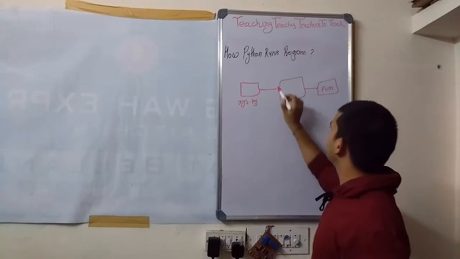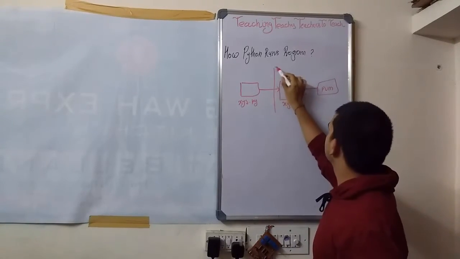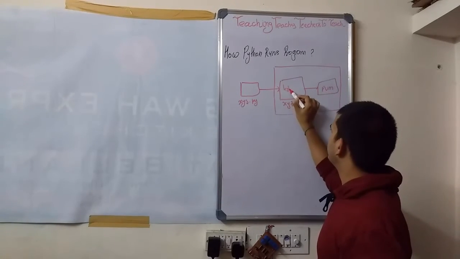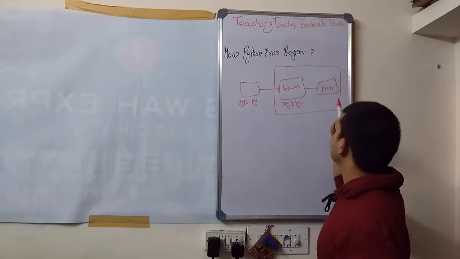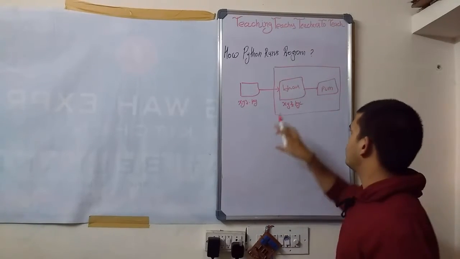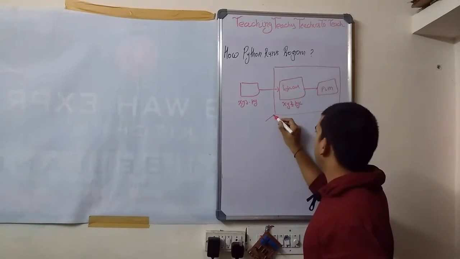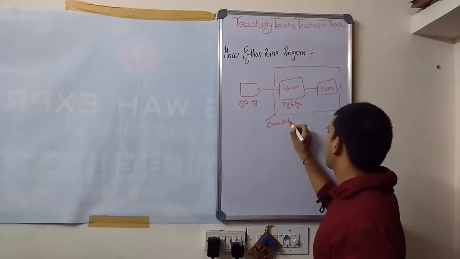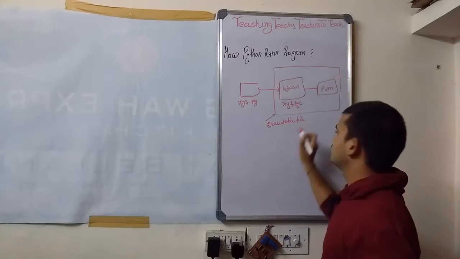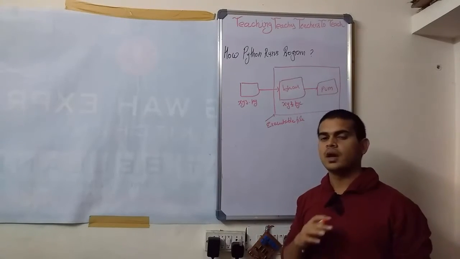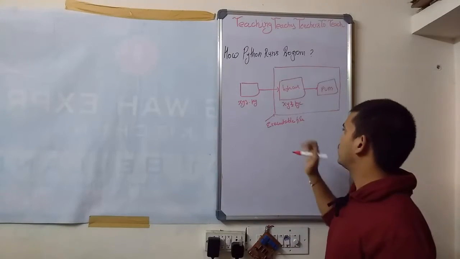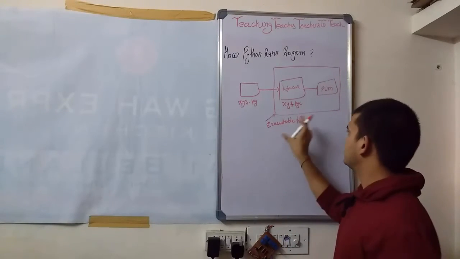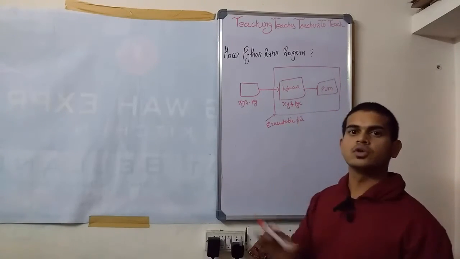So we have to give this package, meaning bytecode plus PVM, and we can make it into an executable file using a third-party tool. We have lots of third-party tools for that, to create your executable file, and this executable file you can give to the customer.